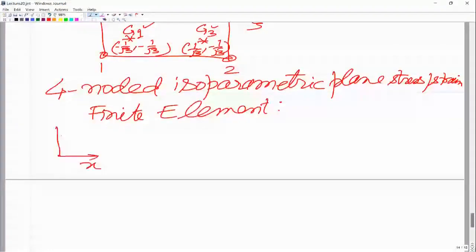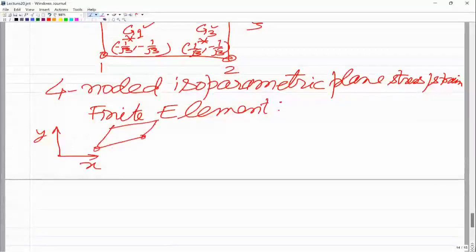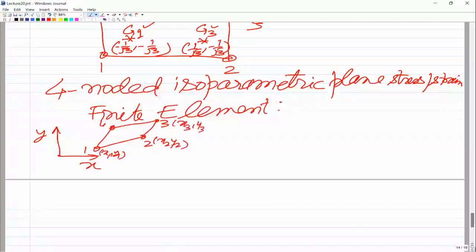Again, similar to the heat conduction problem, the element in the physical coordinate space, that is the xy coordinate space, is basically an arbitrary quadrilateral. The nodes 1, 2, 3, 4 are the local node numbers. The xy coordinates are x1, y1, x2, y2, x3, y3, and so on.